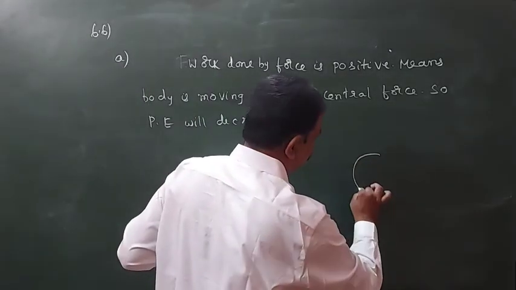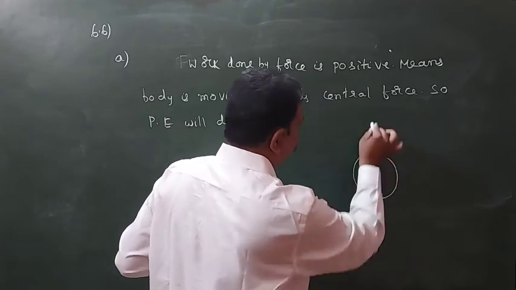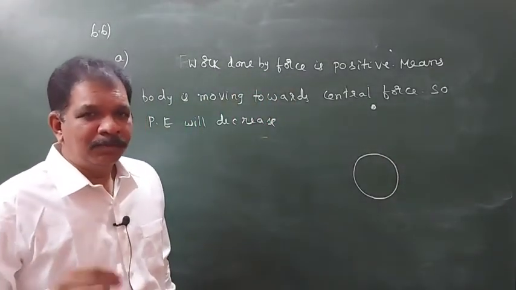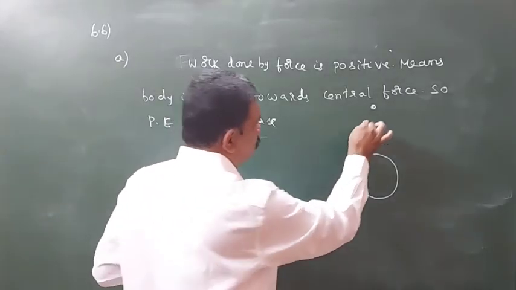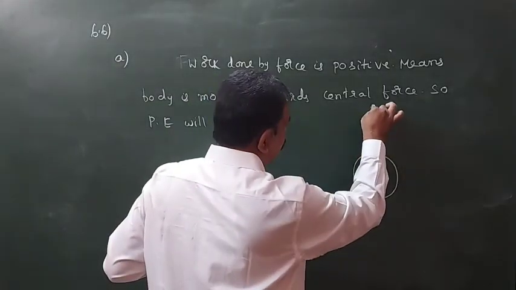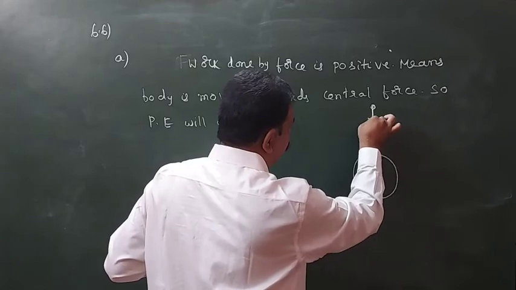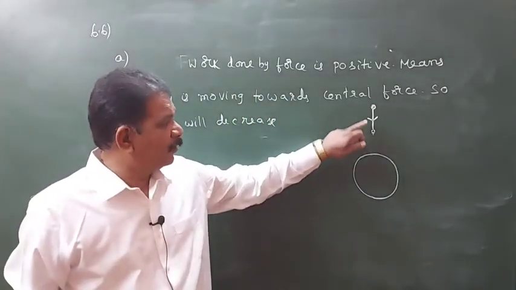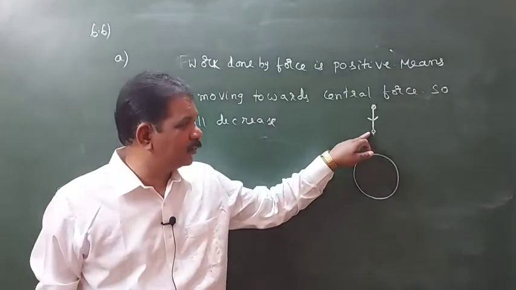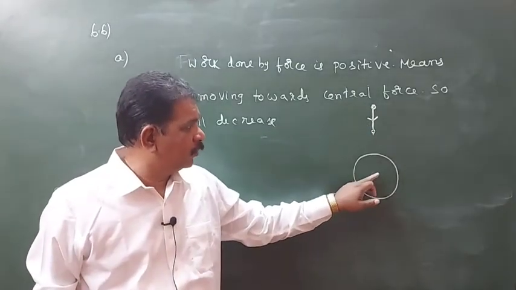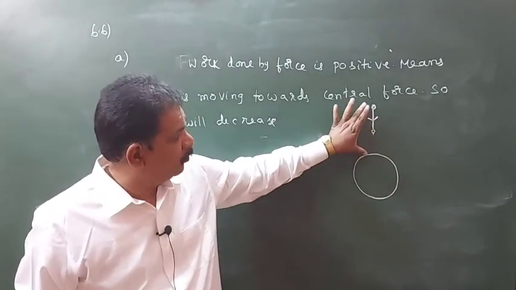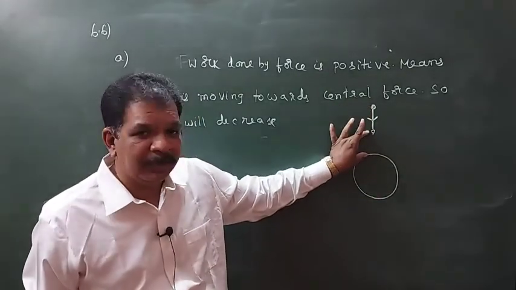Here this is earth. Here one body is there. By applying some force, I moved this body from here to here. So work done by that force is positive, means the body is moving towards the central force. So here height will be more, here height will be less.